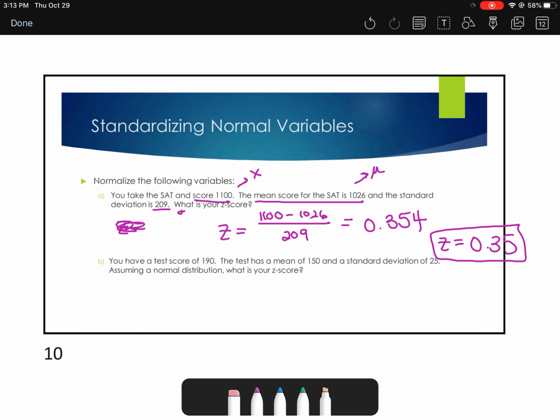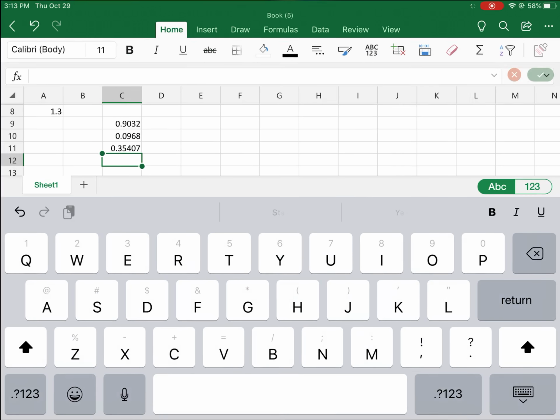So let's go to the next one. You have a test score of 190. The test has a mean of 150 and a standard deviation of 25. Assuming a normal distribution, what is your z-score? Well, your score is 190, so that's your x, minus the mean, which is 150, all over our standard deviation of 25.